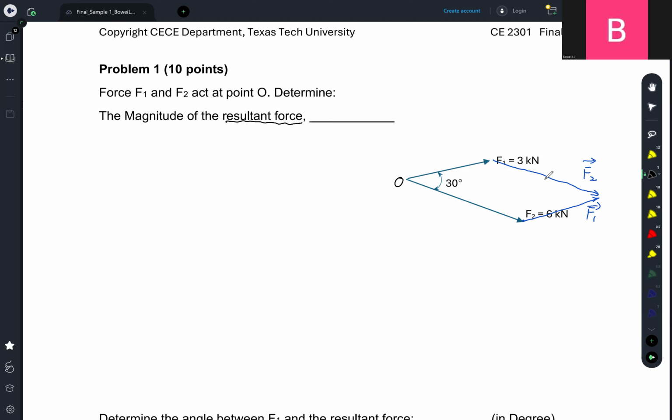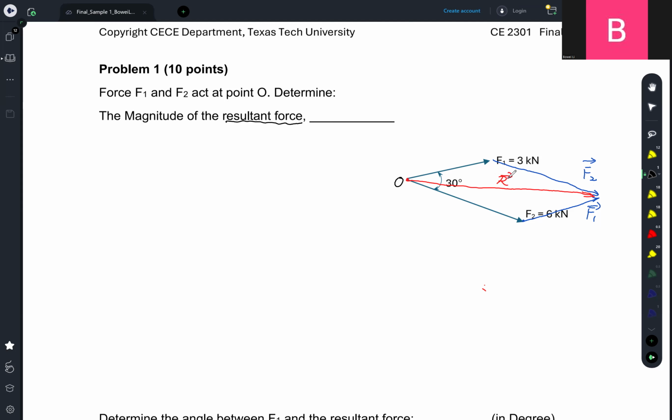It will be from where to where? It will be from the point at which the two forces act, that is our point O, across the diagonal to the opposite vertex here. This vector here is our resultant vector, and we denote it as R.